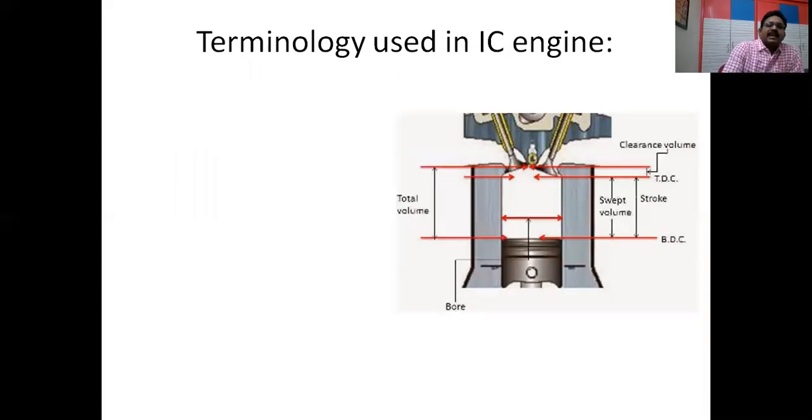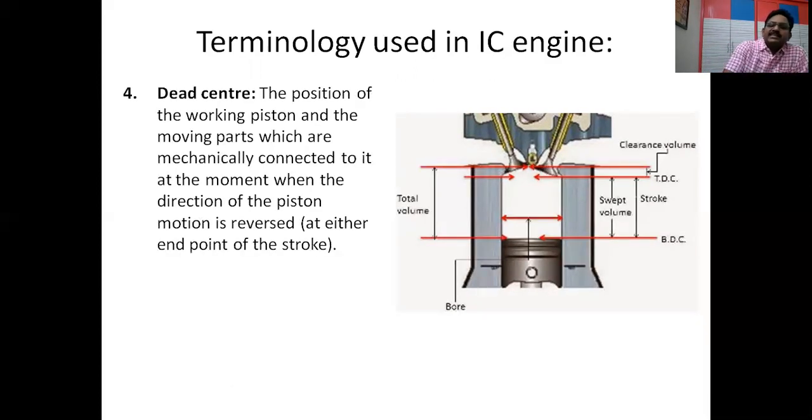And dead center, as I said, is the position of the working piston and moving parts which are mechanically connected to it when the direction of the piston motion is reversed. That means the piston's maximum position and minimum position. Where it reaches and comes back, that position is called dead center.